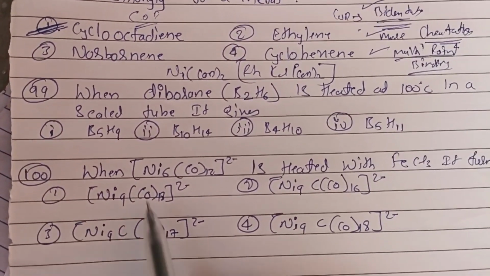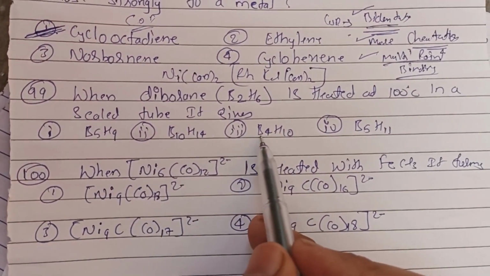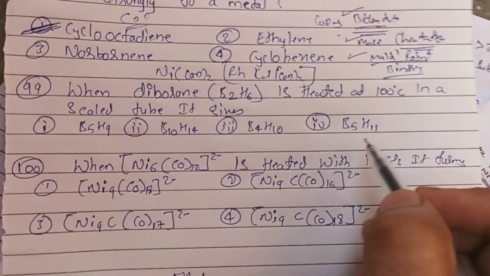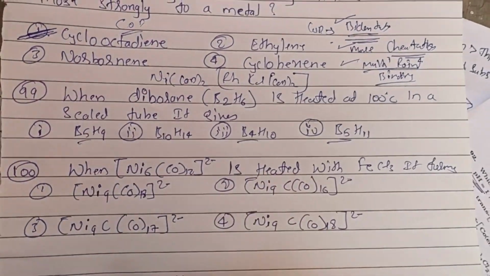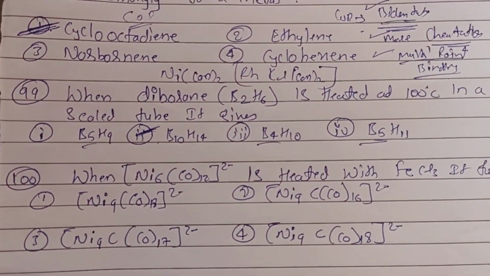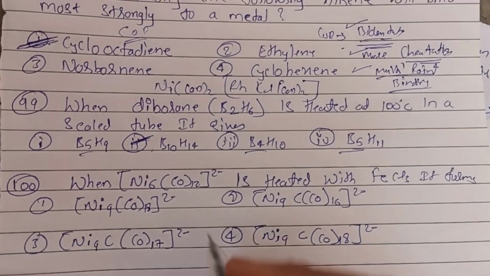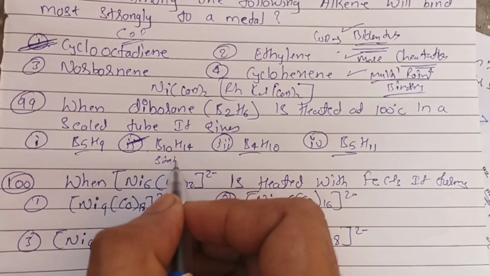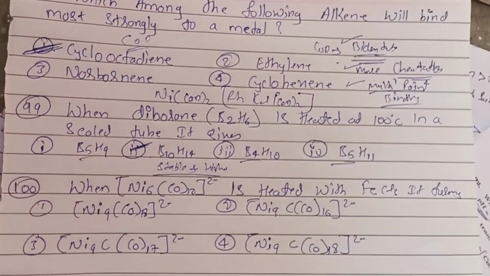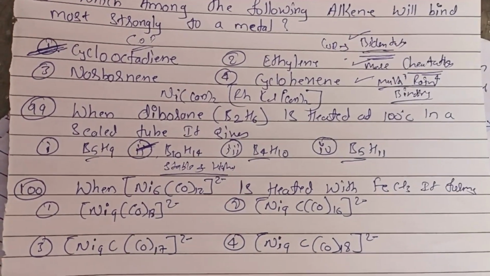The options are B5H9, B4H10, B5H11, and B10H14. B10H14 is the higher borane and it is stable, comparatively more than the others. So this will be the correct answer.